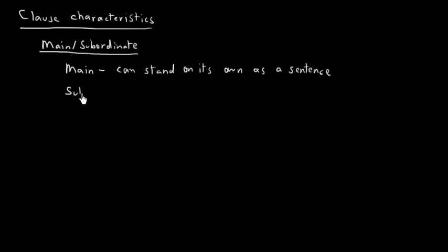A subordinate clause, and there are several different kinds of subordinate clauses, has something missing, or, interestingly enough, something that we've added to a main clause, which results in it not being able to stand on its own as a sentence. It needs to be attached to either a noun phrase or a main clause, but there has to be a main clause somewhere else in the sentence to complete the meaning.